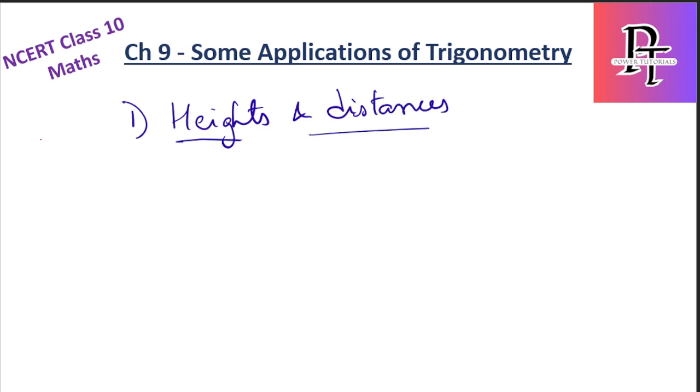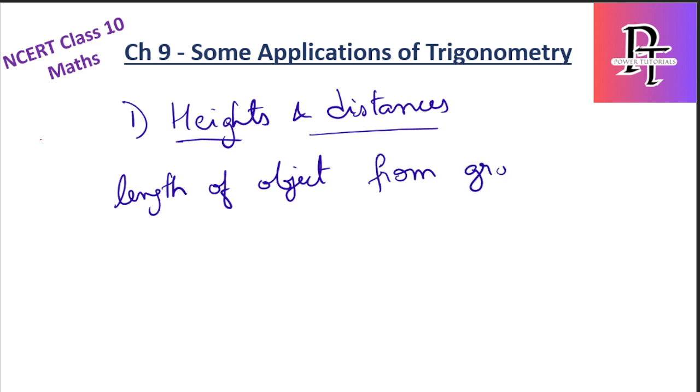Let's first understand what height and distance are. Height is nothing but the length of the object from the ground, that is earth, to the top of it. For example, let's take a tower, that is a cell tower.